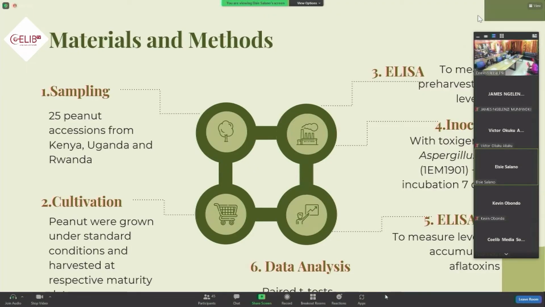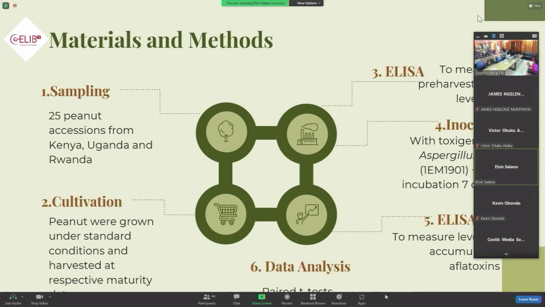For the materials and methods, 6 main steps were conducted. The first step was sampling. In sampling, 25 peanut accessions were collected from Kenya, Uganda, and Rwanda, because peanut is a cross-border crop, and varieties found in these neighboring countries tend to circulate within the countries.